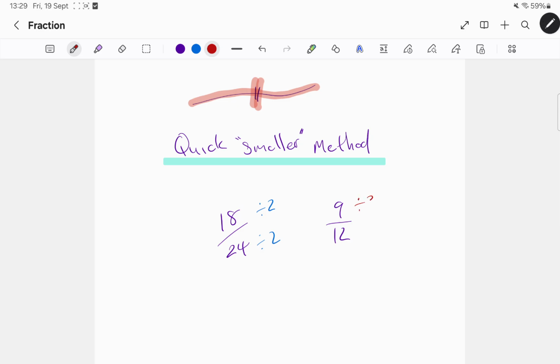So we can divide both of those by 3. And what we're going to be left with is 3 over 4 again. So if you're struggling finding the highest common factor, just find a common factor to simplify and then repeat the process.